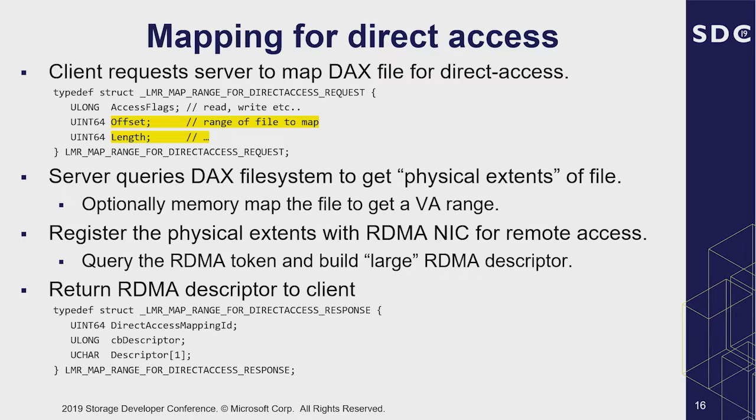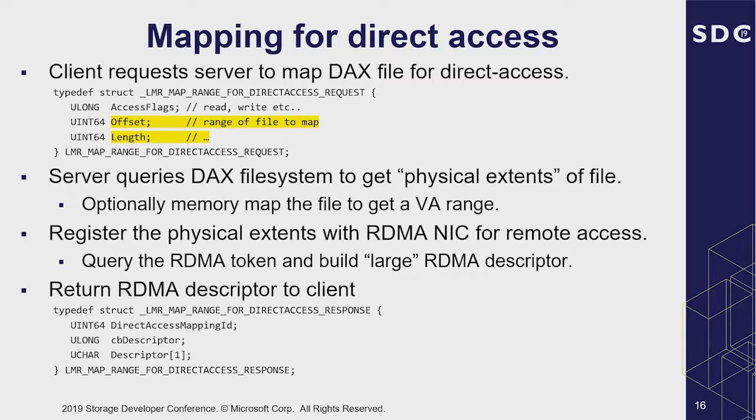Basically, it has 3 parameters. First is the access flag, whether you want the memory registrations to be readable or writable or both, and then an offset into a file and a length. So typically, we would map the entire file. So the offset would be 0, and the length would be the 1 GB region or a 2 GB region, whatever you want to do.